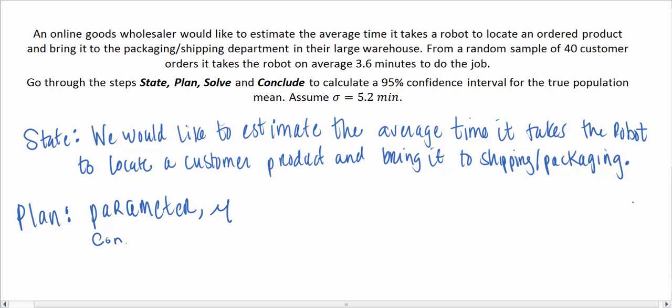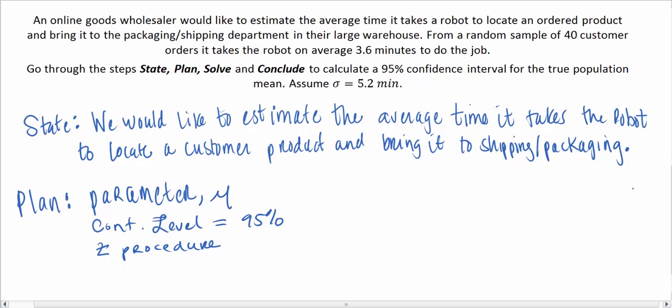The confidence level we want to use will be equal to 95%, and the type of procedure we're going to be doing is a Z procedure. That's because we're going to do a mean, and we know the population standard deviation, which we'll talk about a little bit more in a second.